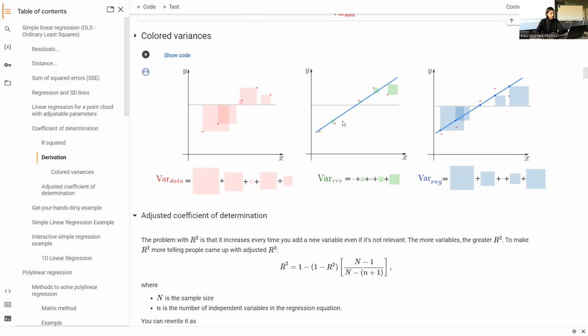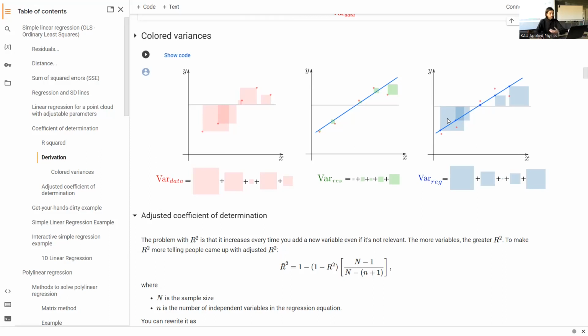So I have my regression line, and these are basically the errors that my model is making. And this is the variation of regression. These blue points are predicted points. I have a line of regression, I'm predicting these points, and here are basically squares.